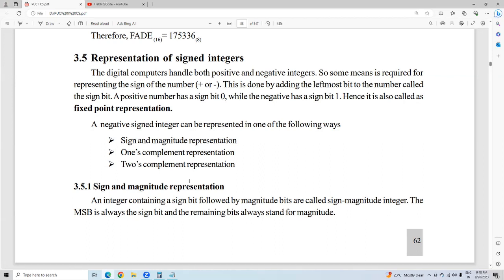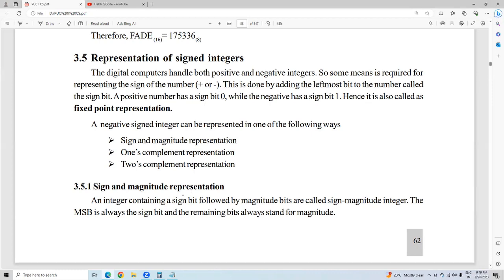A negative signed integer can be represented in one of the following ways: sign and magnitude representation, one's complement representation, two's complement representation. A negative signed integer can be represented by using any one of these 3 ways.